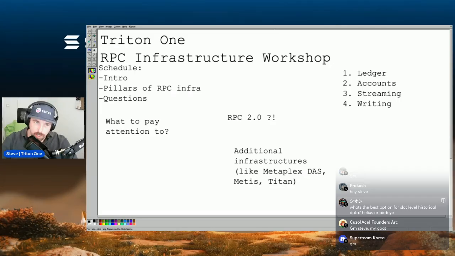So, talking about streaming, those who actually build on Solana know and are using gRPC to power any part of their protocol or to listen to account state changes or transactions on chain in real time. These people know that you can actually miss account state changes as soon as your gRPC connection disconnects.